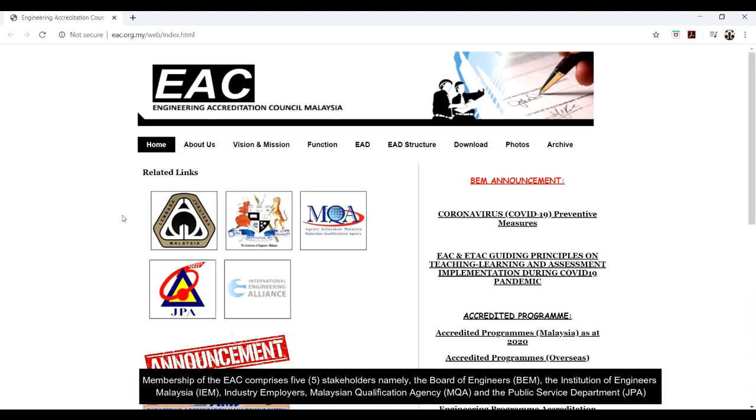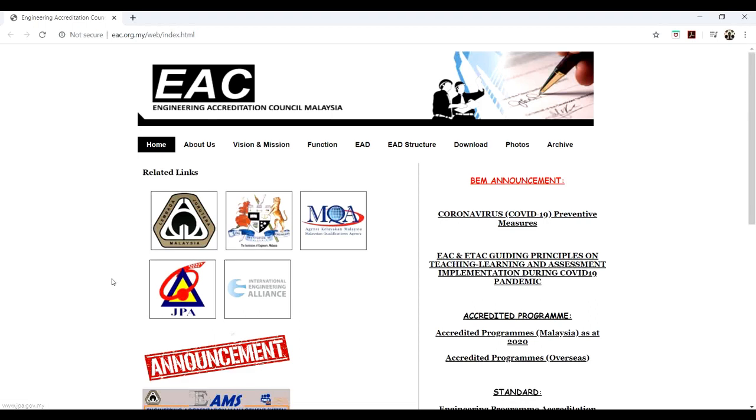The membership of EAC comprises 5 stakeholders, namely, firstly, the Board of Engineers (BEM), secondly, the Institution of Engineers Malaysia (IEM), thirdly, the industrial employers, next, the Malaysian Qualifications Agency (MQA), and the Public Service Department (JPA).